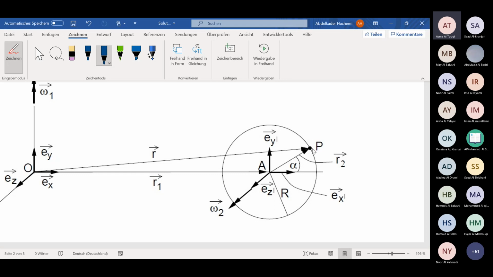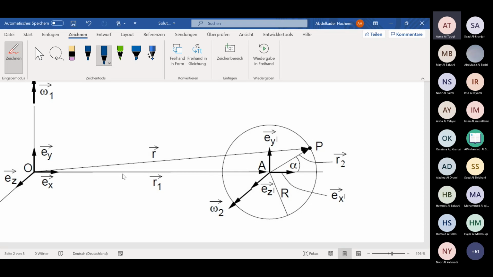The position of P, we have here, it's R1, and relative to this coordinate system, X prime, Y prime, and Z prime, to the center of the disk, we have to take also the component here in the X prime direction, and also the component in the Y prime direction, okay?